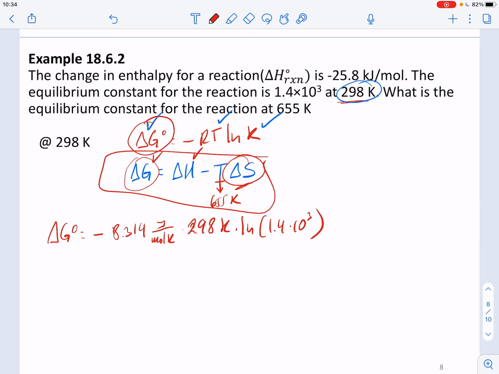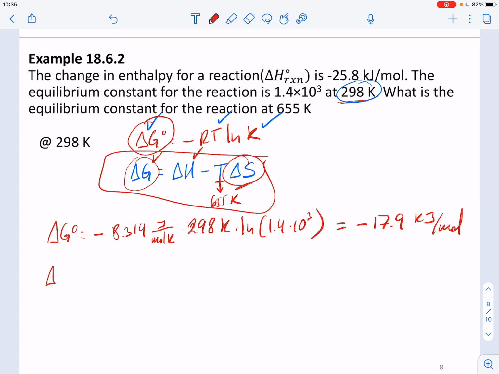Okay, and what we obtain here is minus 17.9 kilojoules per mole. Remember to do the conversions from joules to kilojoules. It depends on what the unit is going to be at the end, but I always convert delta G to kilojoules, right?